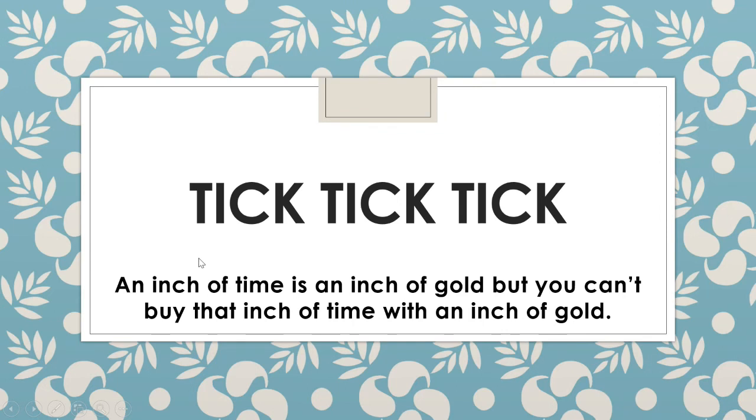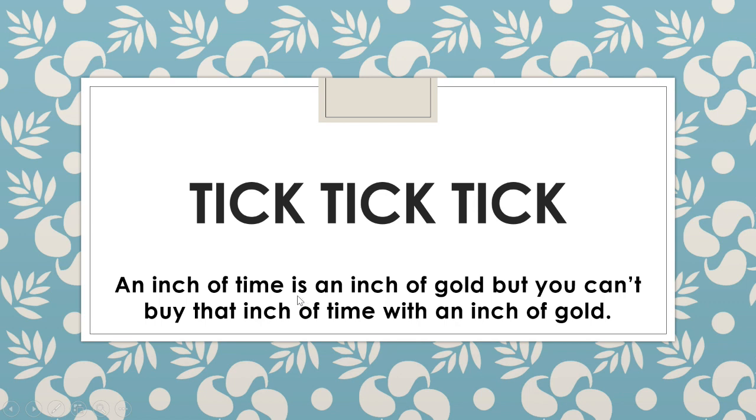Tick, tick, tick. An inch of time is an inch of gold, but you can't buy that inch of time with an inch of gold. Children, this is a very, very famous saying. Before I start this chapter, which is all about time, I would like to explain this to you.